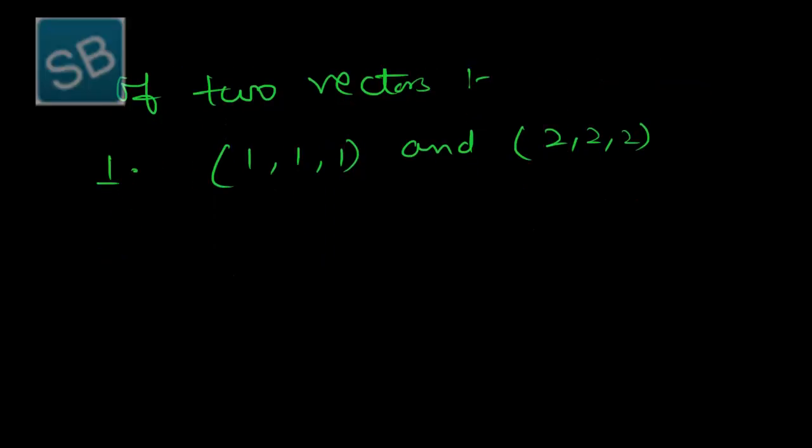We can check that 2, 2, 2 is 2 times vector 1, 1, 1, that is, y1 upon x1 gives 2, y2 upon x2 is 2, y3 upon x3 is 2.